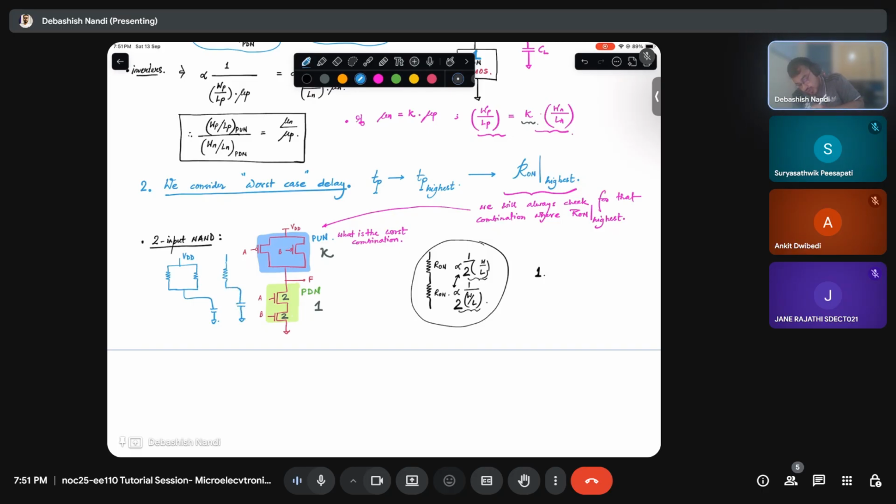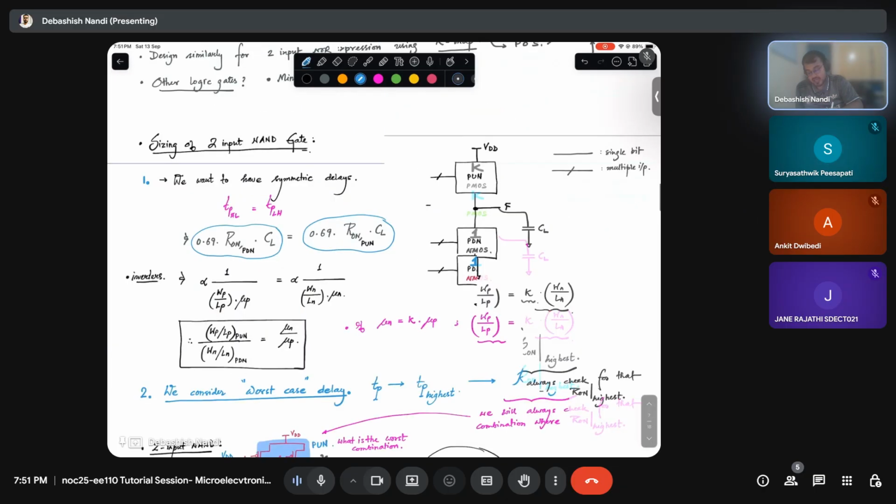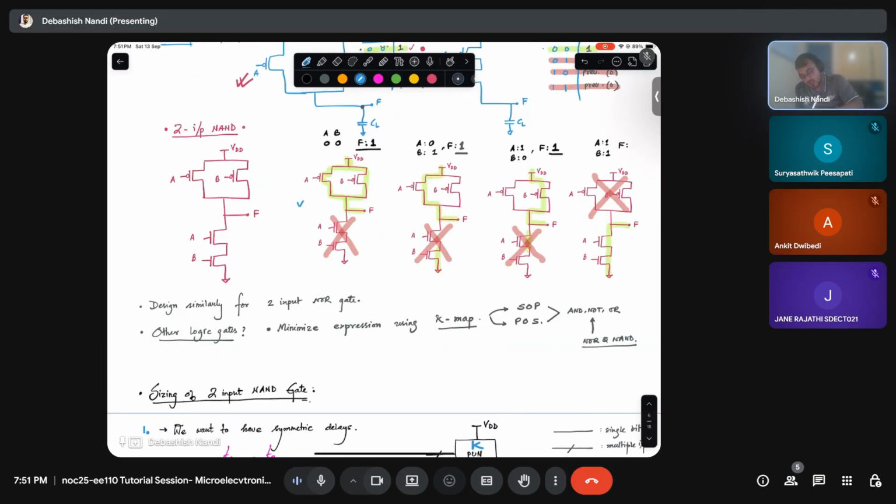So what do you think will give me the worst resistance? Case 1 or case 2? Case 2, sir. Case 2, right? Because in case 1, when I am having this combination, I have 2 paths. So my delay is effectively getting half.